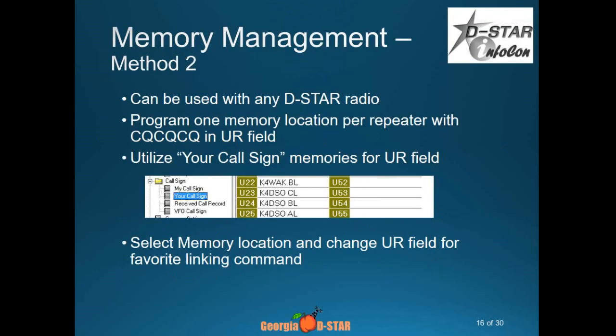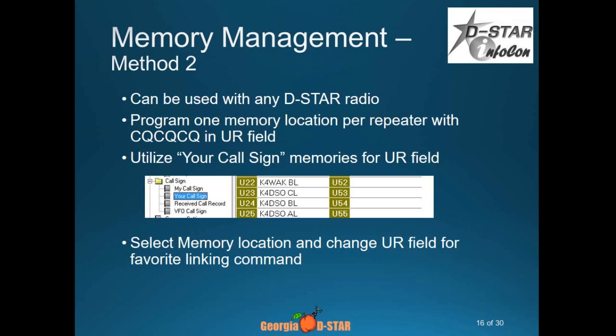All right, let's go through a few more. This is method 2. If you've got one of the 880s, or even the 2820 will do this, if you look in the Icom programming software, you'll see your call sign, remember, UR, your call sign.